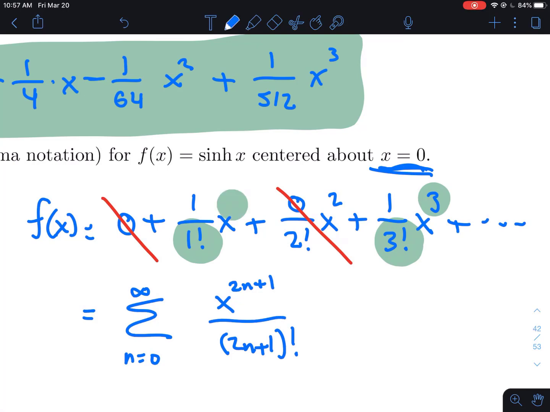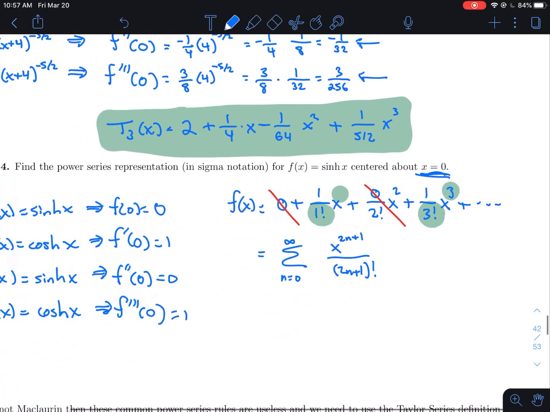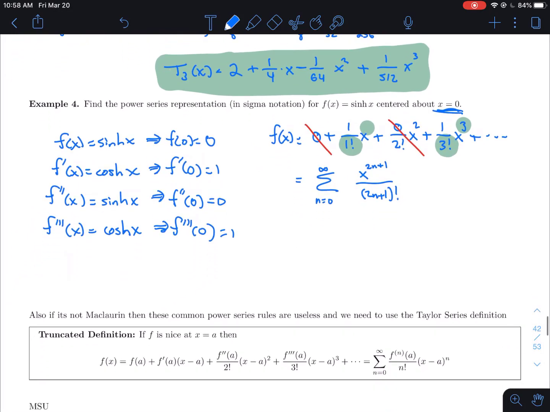But then we leave them all positive, so we don't have this alternating piece, plus 1, minus 1. So this is the correct power series, or Taylor series, representation in sigma notation for hyperbolic sine, centered about 0.